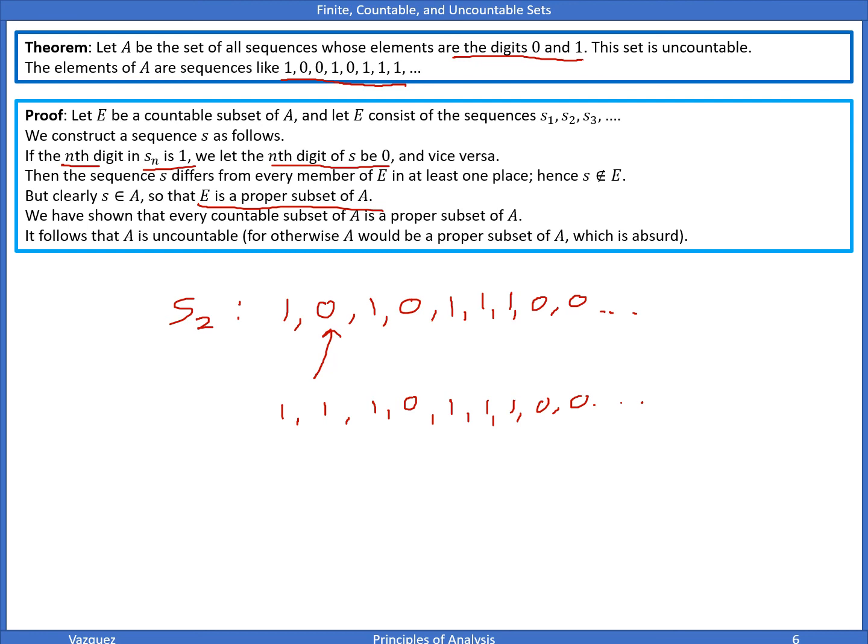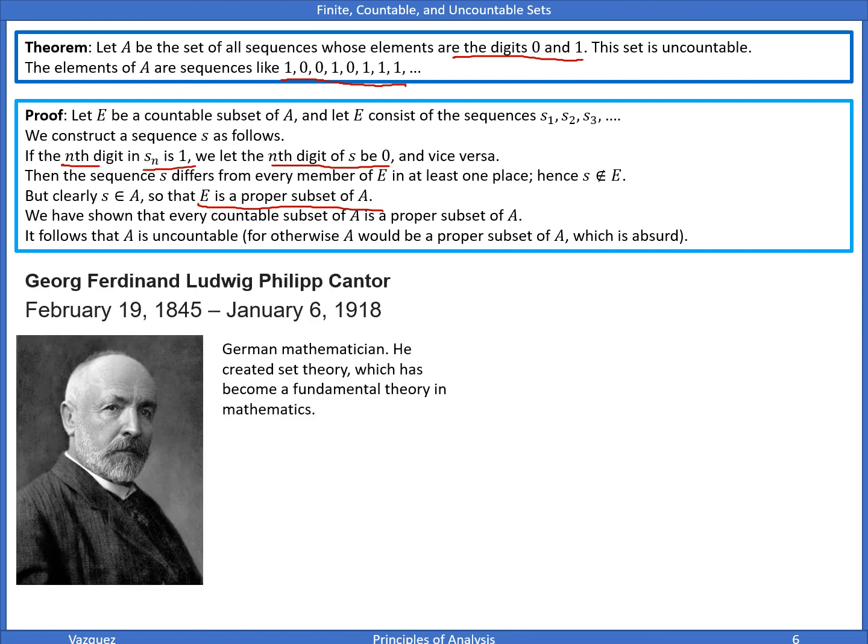And this method was actually introduced by a famous mathematician. Maybe you've heard of him. Let me just erase this. His name was Georg Cantor. You might know the Cantor set. Maybe you've heard of it. He was central to the theory of math.